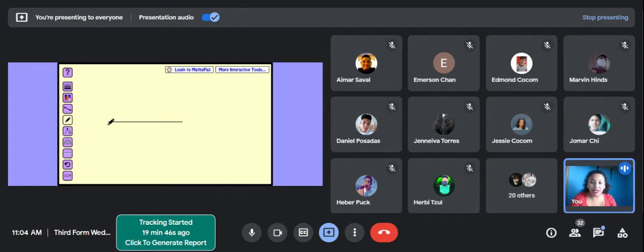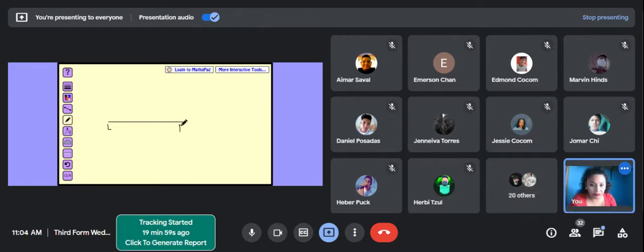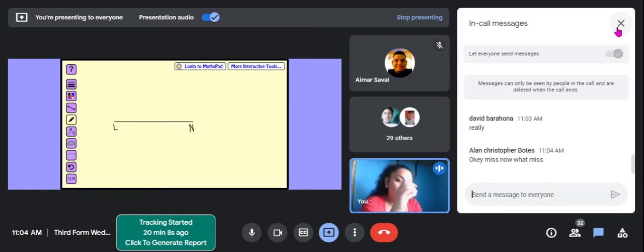And then you can label it L, not M, N. You have that. And it's a bright line, right? So you can press it a little bit. Don't exaggerate and break your pencil, but make a bright line.